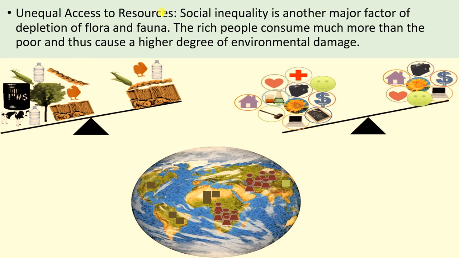Unequal access to resources. Social inequality is another major factor of depletion of flora and fauna. The rich people consume much more than the poor and thus cause a higher degree of environmental damage.